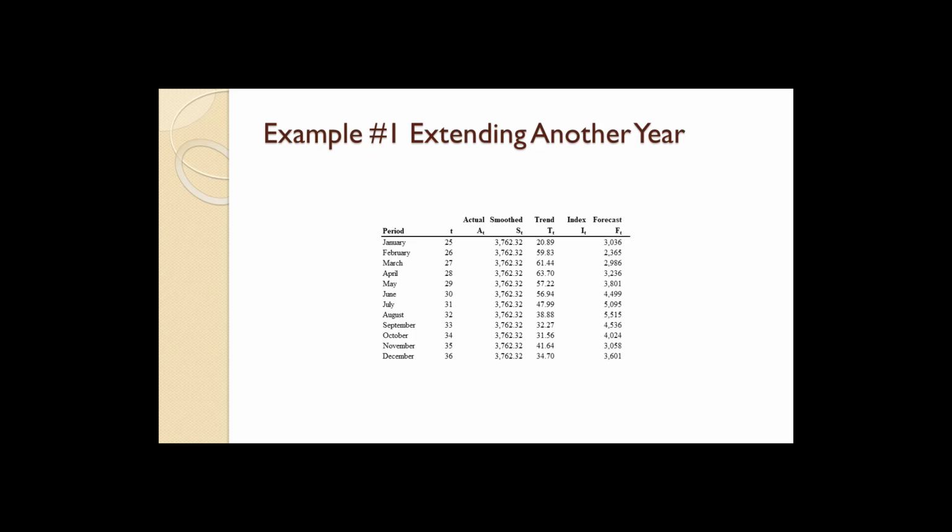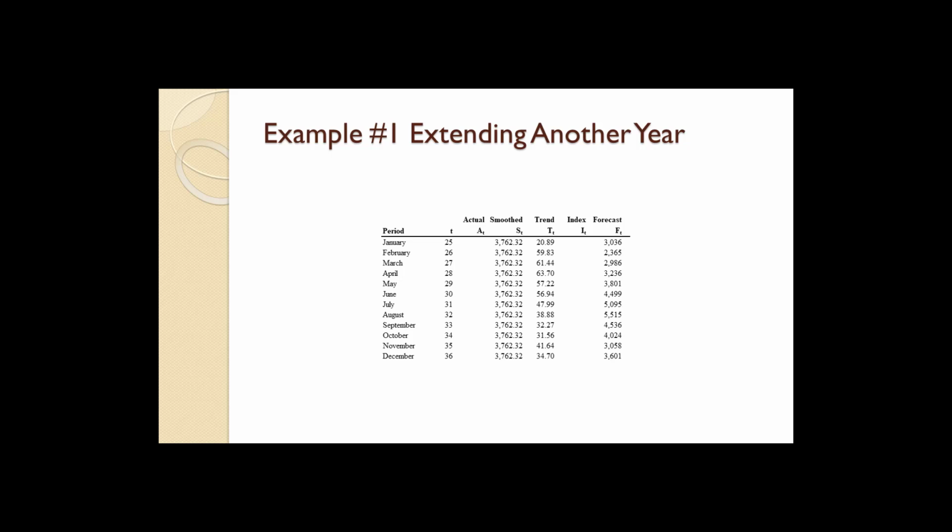The forecasts for all 3 years are shown on the screen. We will not be showing the calculations individually or narrating all of them, as we've already seen how to perform these calculations. Nevertheless, the first few calculations are as follows. F sub 25 equals 3,762.32 plus 34.70 quantity times 0.800 equals 3,036.